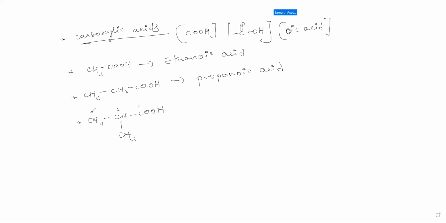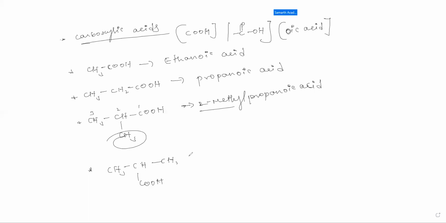So 1, 2, 3. So 2-methyl propanoic acid. See in this compound, the carboxylic acid carbon comes first priority.